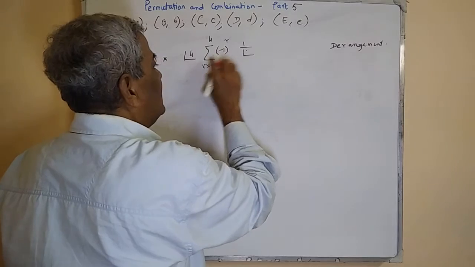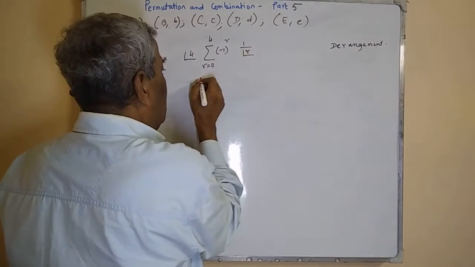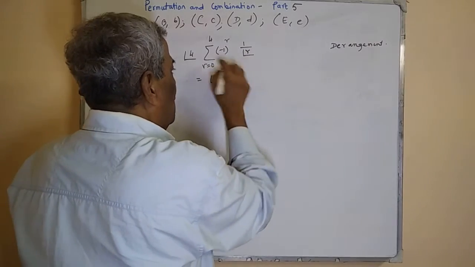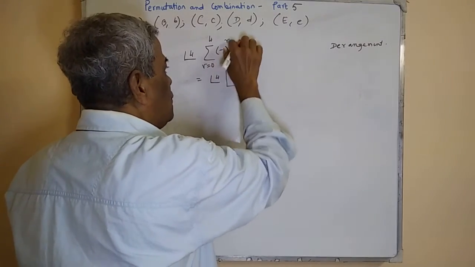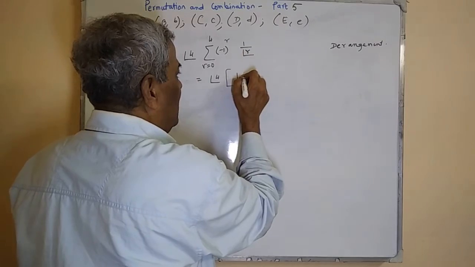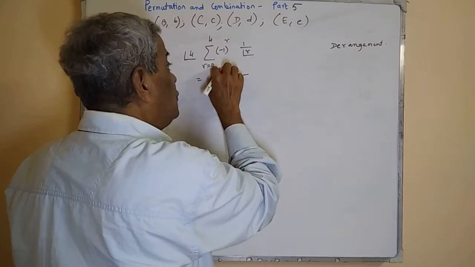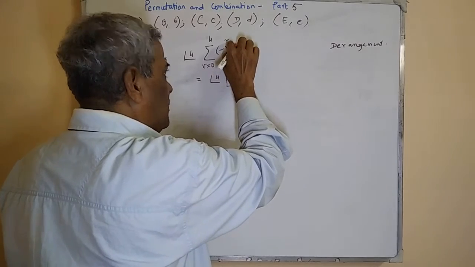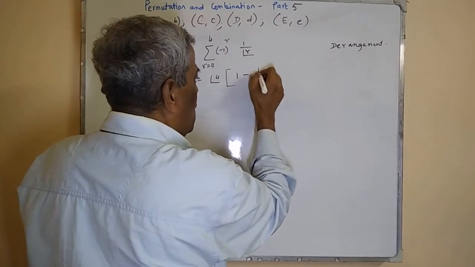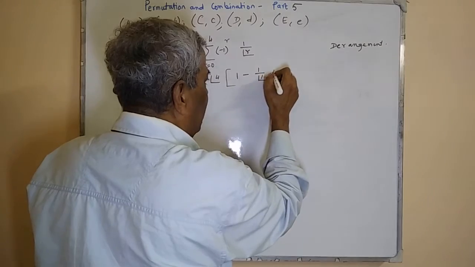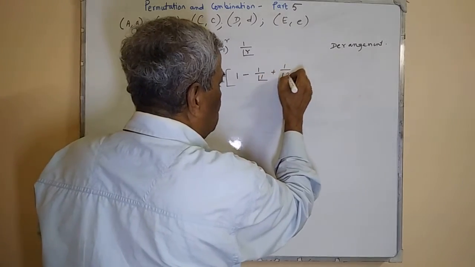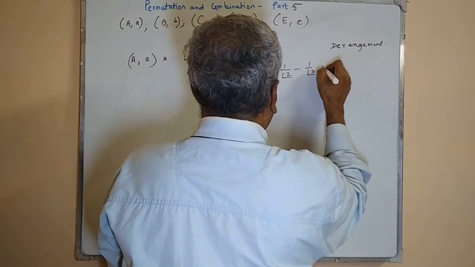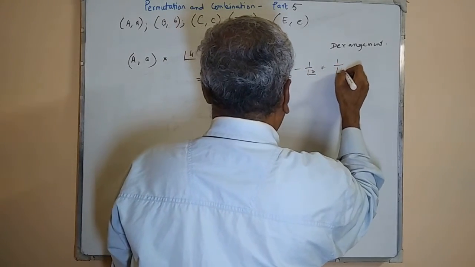So it is equal to factorial 4 into: r equal to 0 means it is 1, minus r equal to 1, minus 1 upon factorial 1, then 1 upon factorial 2, then minus 1 upon factorial 3, plus 1 upon factorial 4.